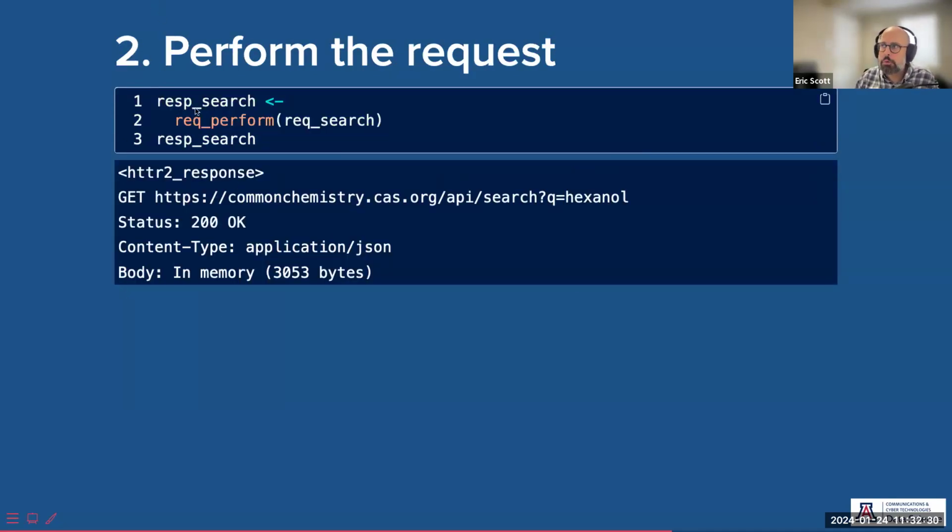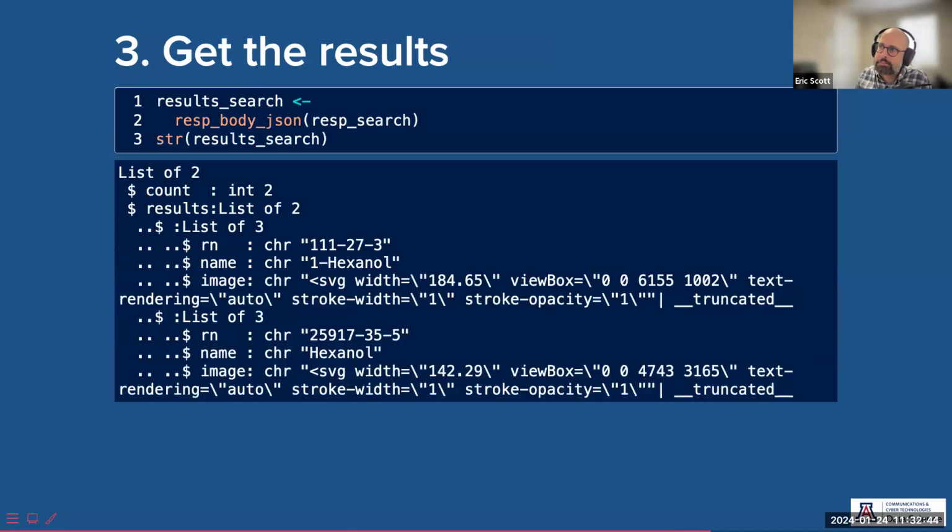Then we want to perform the request with req_perform. And we get this response back, which tells us status 200 OK, tells us the content type is JSON, and tells us how big it is. Then we can get the data out of that response using a number of functions that start with resp.